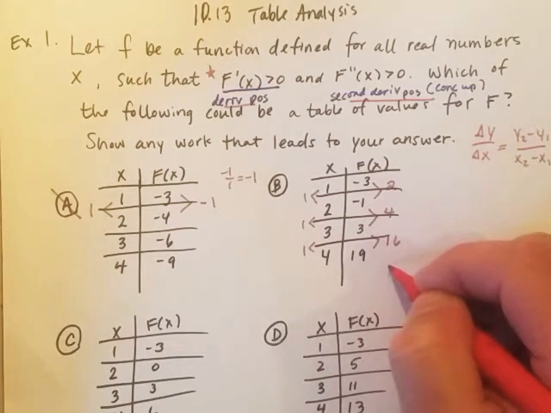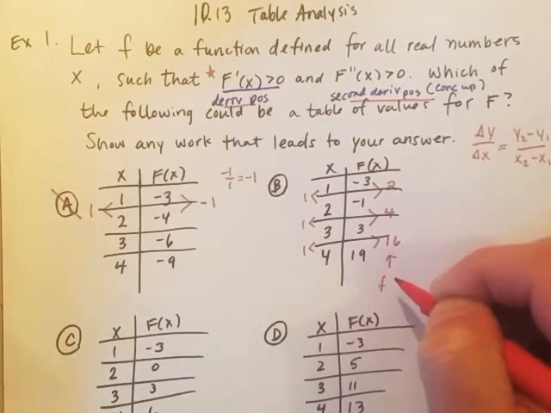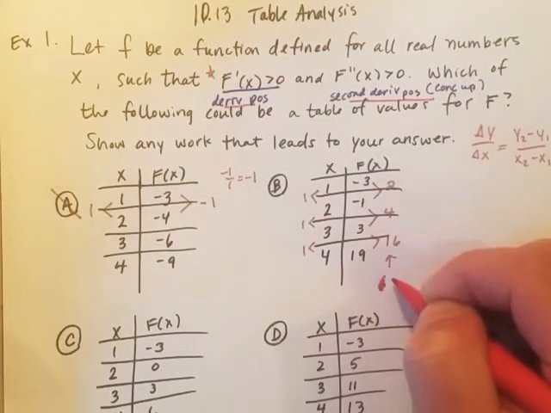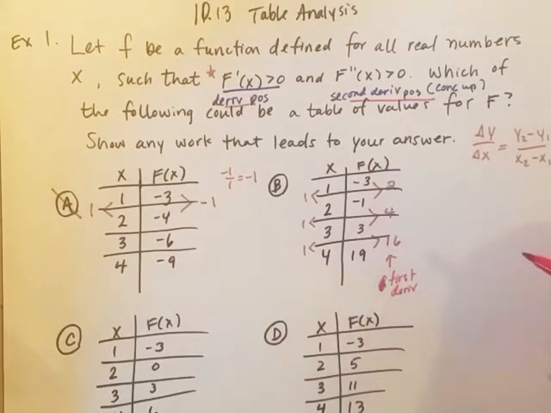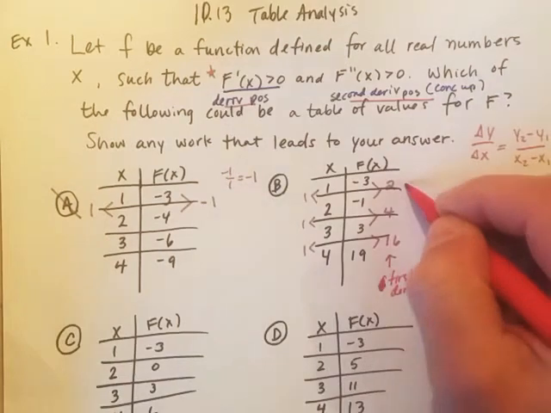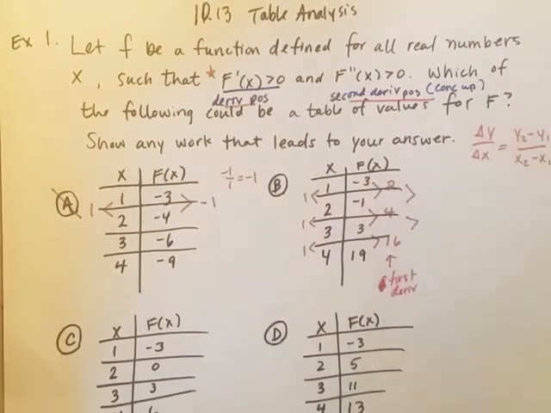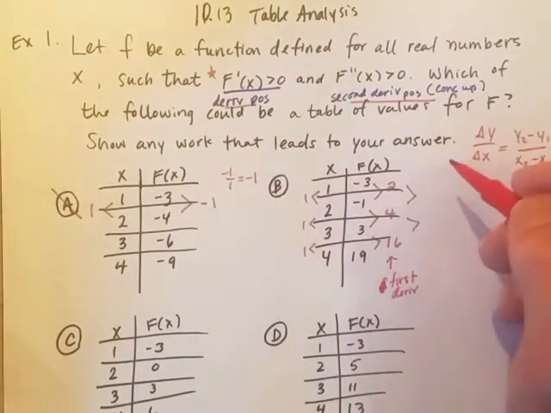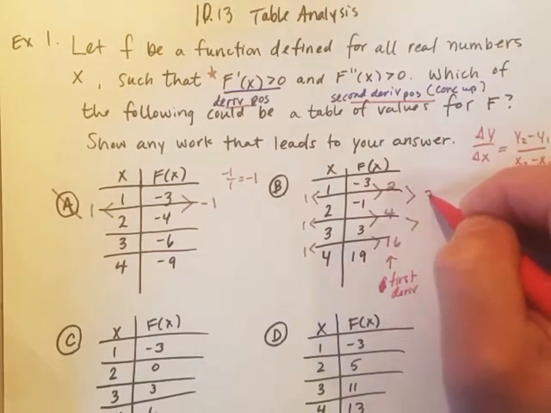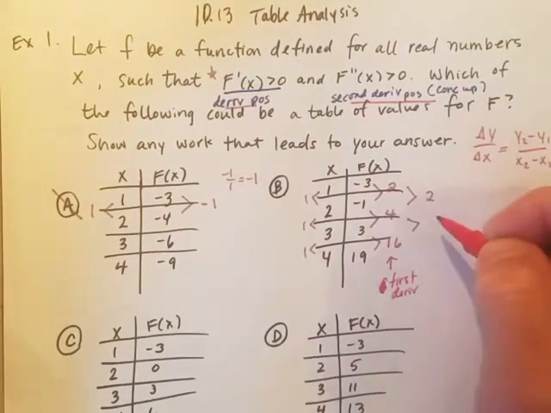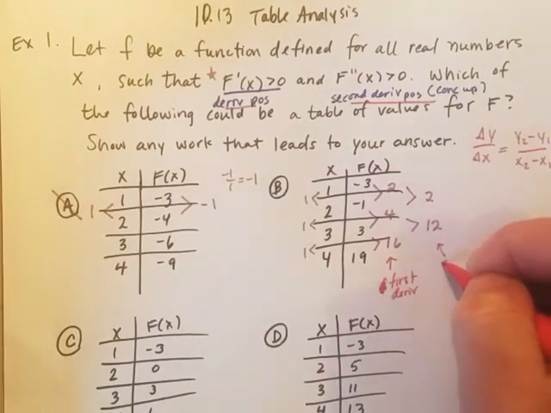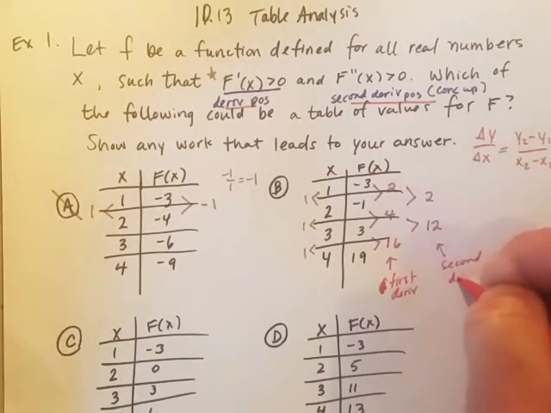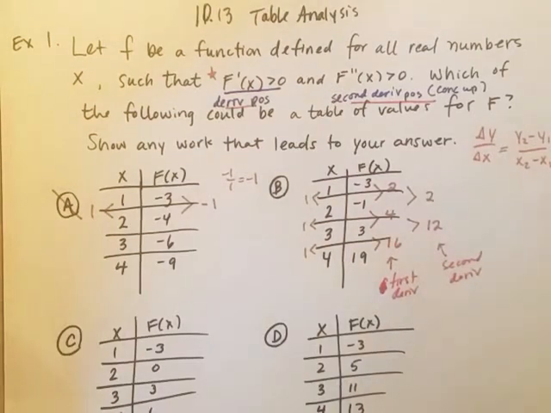One thing that I'm going to label here is my first derivative, right? Think of that as your slope. Now, this next second derivative is just finding the slope of the slope. So the second difference from 2 to 4 is an increase of 2, and from 4 to 16, that's an increase of 12. So not only is the first derivative positive, but the second derivative is also positive.